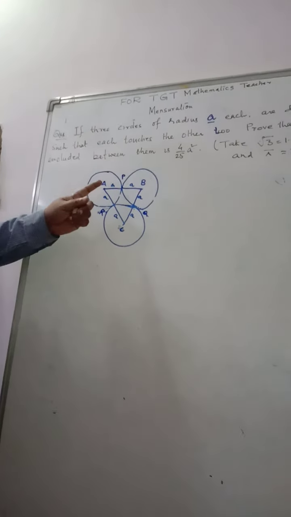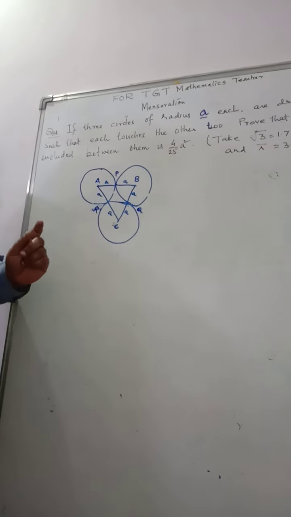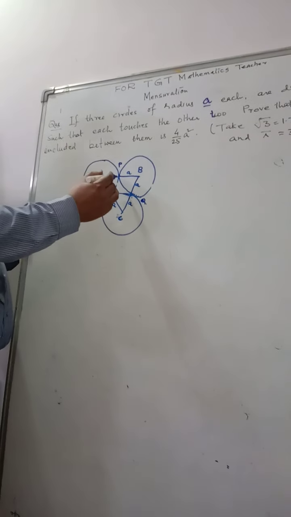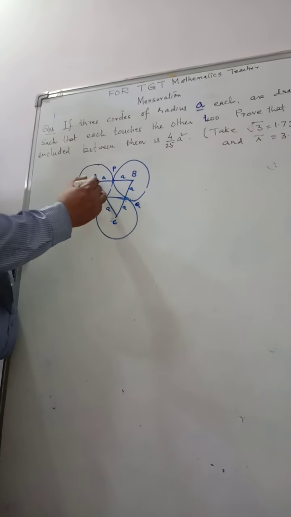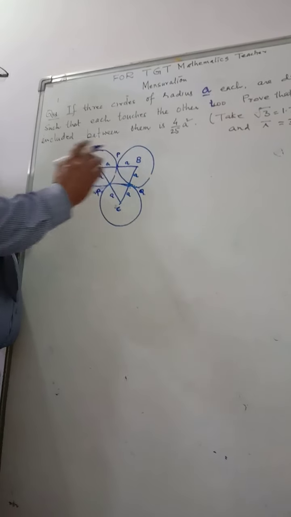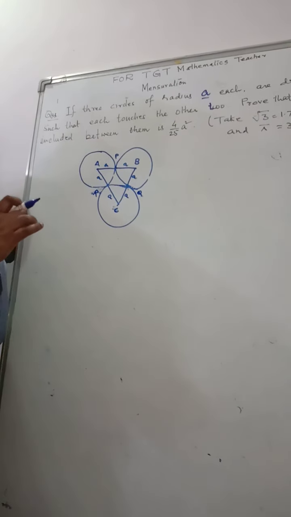Now we know that for a line joining the centers of two circles when they touch externally, all are collinear. So A, P and B are collinear, so AB is a straight line.